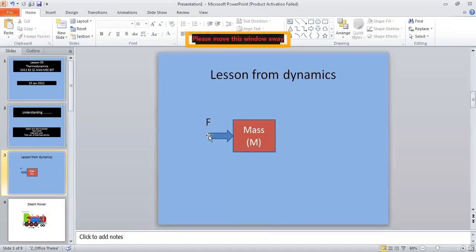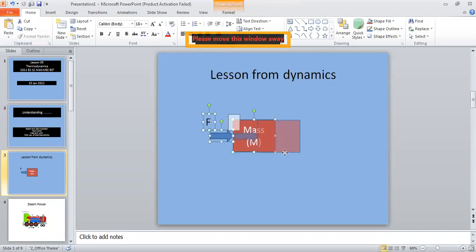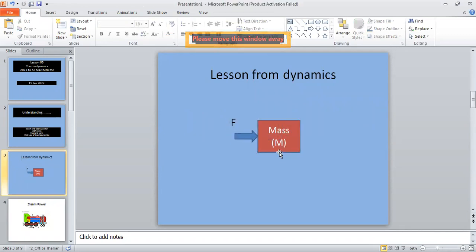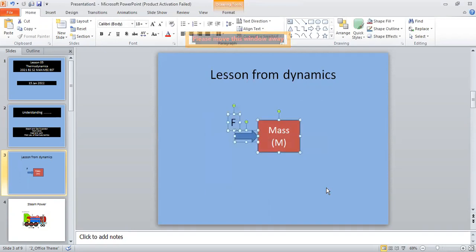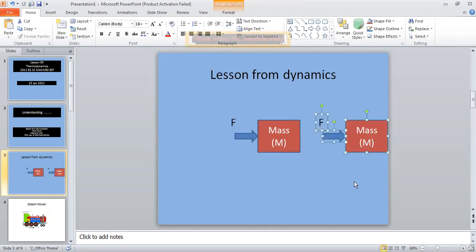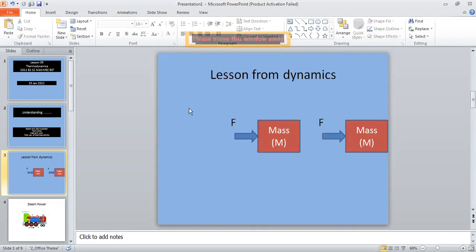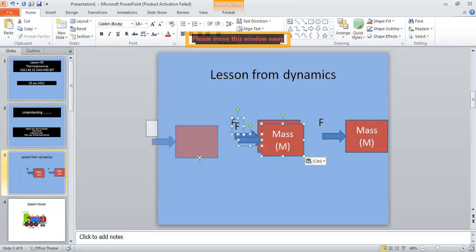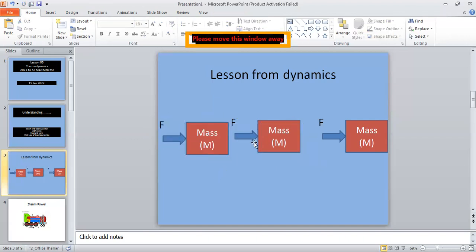When the resultant force is F in this direction, let's say the mass also moves in the same direction, with a displacement because of this force applied.